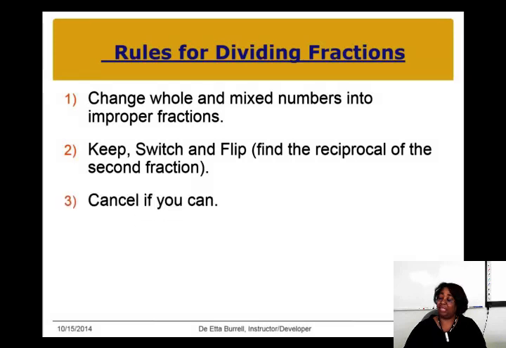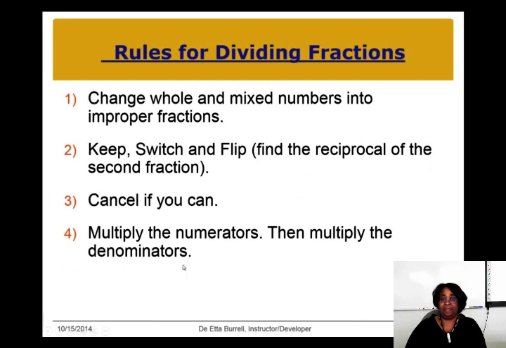Then, if you can cancel using the top and the bottom of your fractions, any top, any bottom, by the same factor, you're going to want to do that to simplify and reduce. After you have reduced or canceled as much as you can, you're going to multiply the numerators, then multiply the denominators. And then step 5 is to make sure that you have totally reduced as far as you can go.